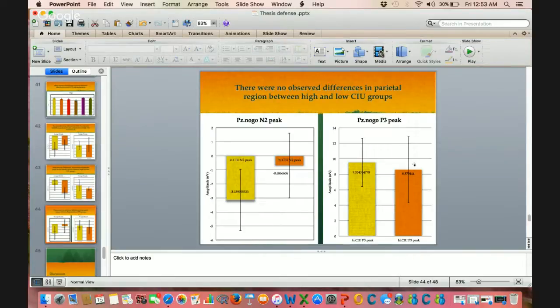And finally, in the parietal region of the brain, towards the back of the brain, we saw that based on groups, there were also no differences observed between the high and low groups.